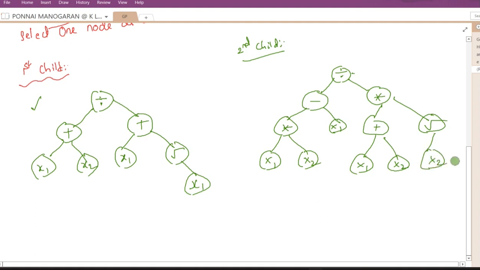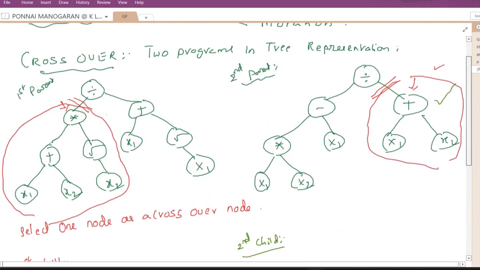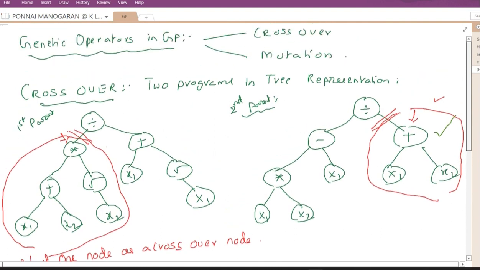That's it. So we successfully, you can see the difference, how two children are produced from two parents in genetic programming.